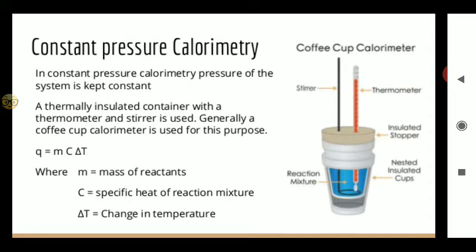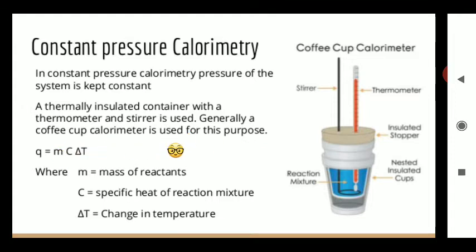So now we are taking the simplest form of calorimetry, known as the coffee cup type of calorimeter. In this calorimeter, the pressure of the system is kept constant. A thermally insulated container with a thermometer and stirrer is used.